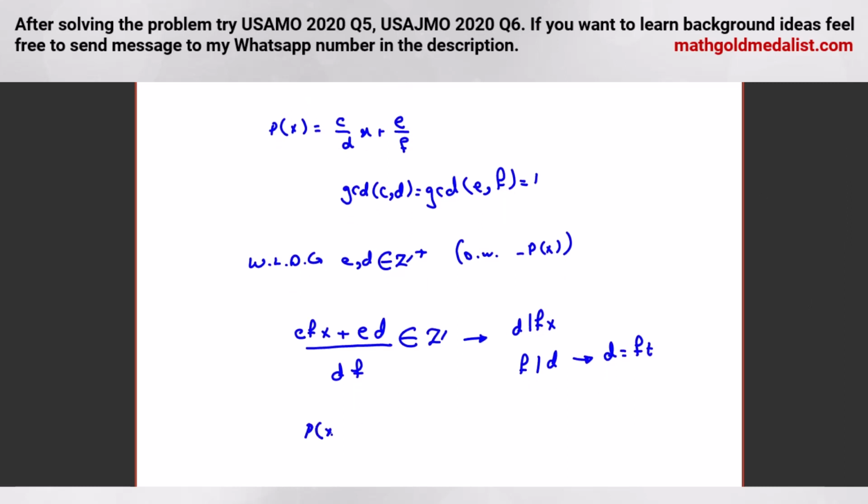So P of x is Cx over Ft plus E over F, right? Now, in this case, we can say Ft is Cx plus Et.